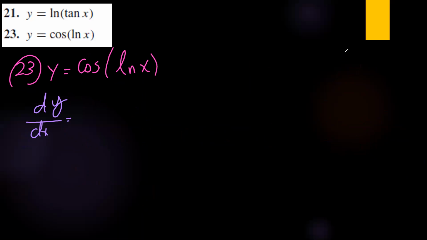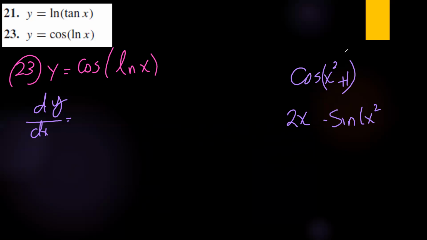Now, do you remember the chain rule? That's when we say if we have cosine of x squared plus 1 as an example, the first step, you find the derivative of what is inside times the derivative of what is outside, which is negative sine of x squared plus 1.